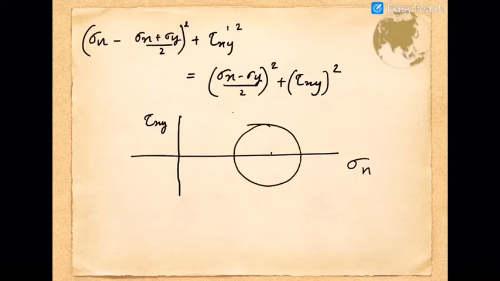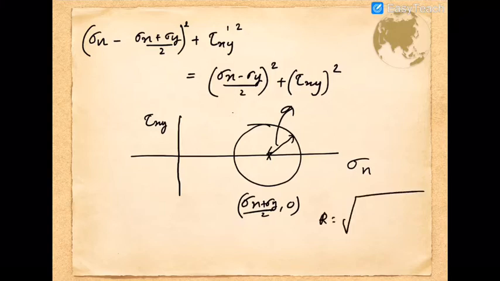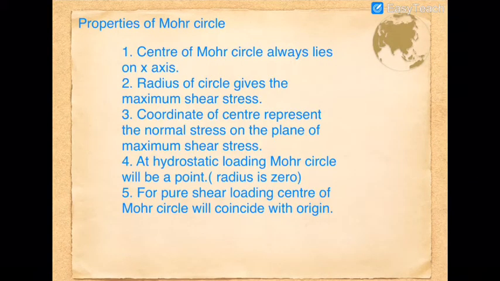So the circle has its center at ((sigma x plus sigma y) by 2, 0) and a radius equal to the square root of ((sigma x minus sigma y) by 2) the whole square plus tau xy the whole square. That will be the radius. These five properties of the Mohr circle you should remember.